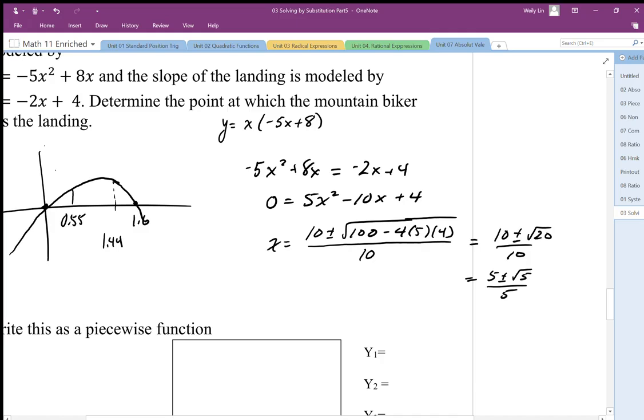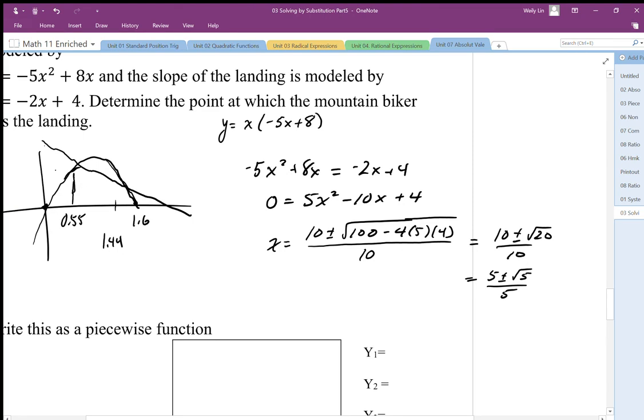It's going to be more like this. It's going to be a little bit closer to this end, and it's going to cut through like that.